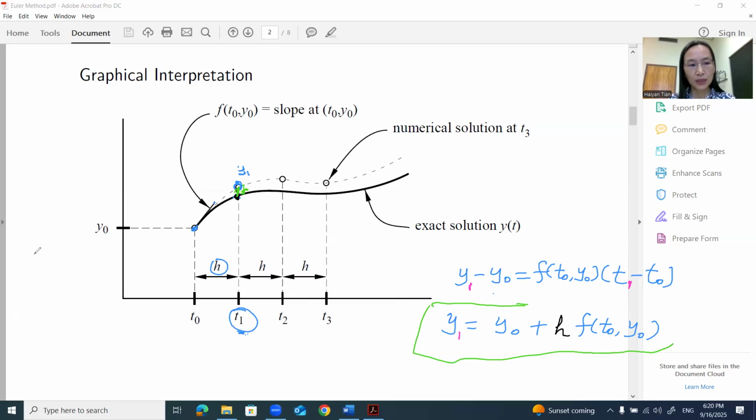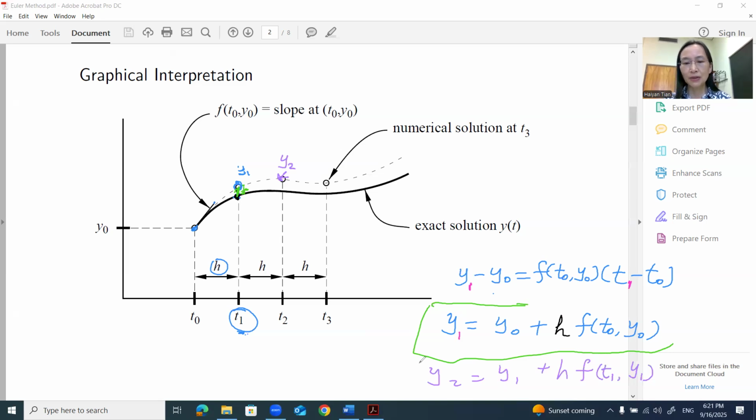So the formula will be y2 equals y1 plus h times the direction field evaluated at t1, y1. So then we can calculate y2. This way we get y2 from the previous value, t1, y1.